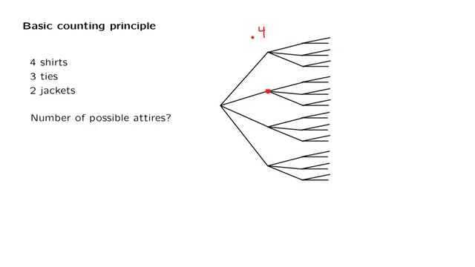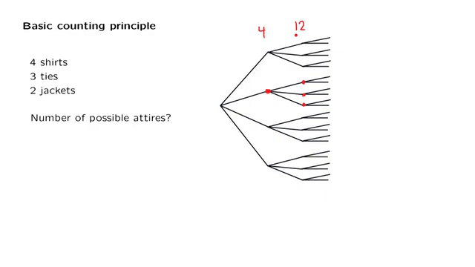But each shirt can be used together with one of the 3 available ties to make 3 different shirt-tie combinations. But since we had 4 choices for the shirt, this means that we have 4 times 3 equals 12 shirt-tie combinations. Finally, you choose a jacket.